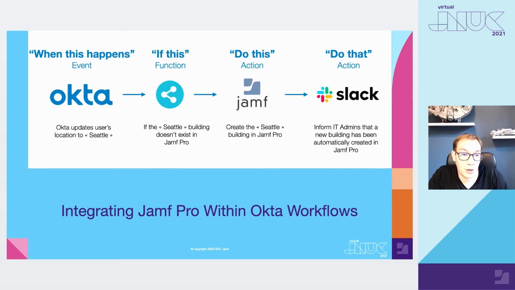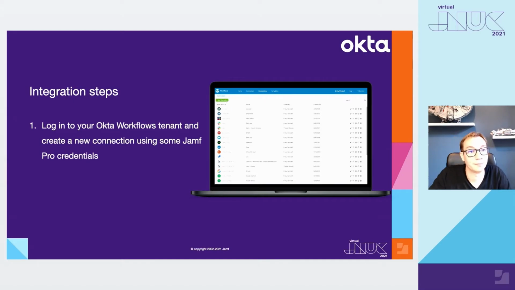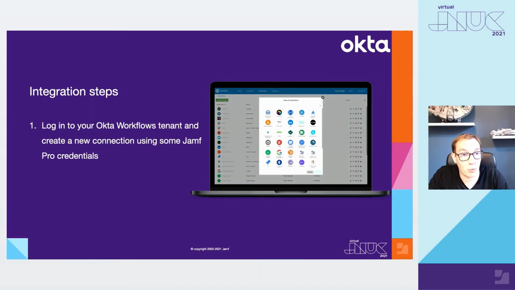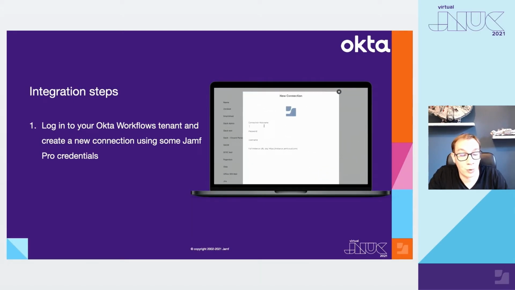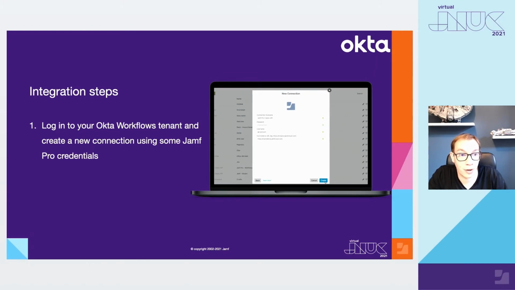But before playing around with those flows, we first need to create a new connection between Jamf Pro and Okta Workflows. So step 1, log into your Okta Workflows tenant, and in the Connections tab, click New Connection. Search for the Jamf Pro Classic API connection and enter your Jamf Pro credentials there.